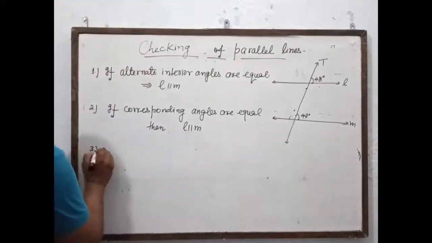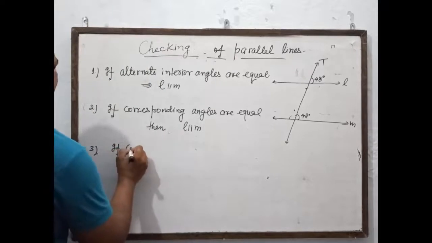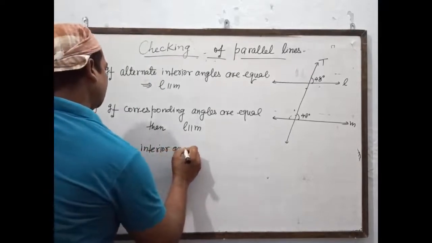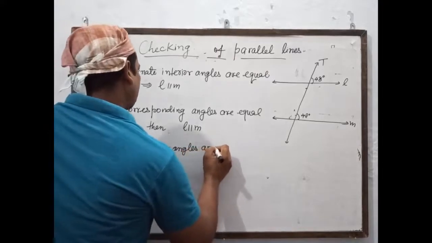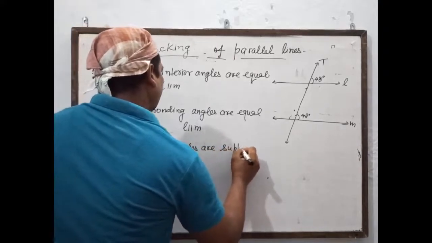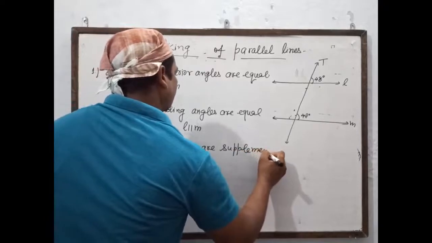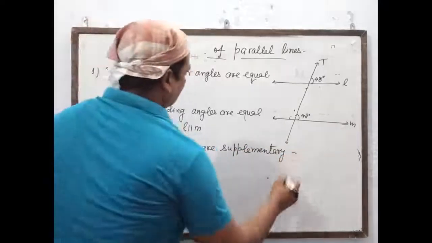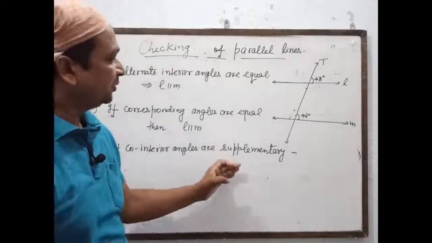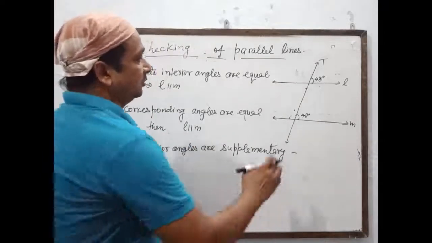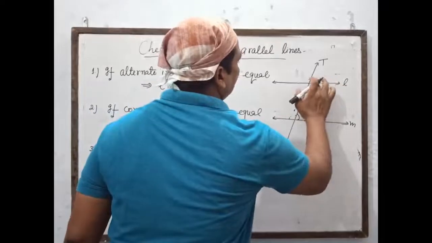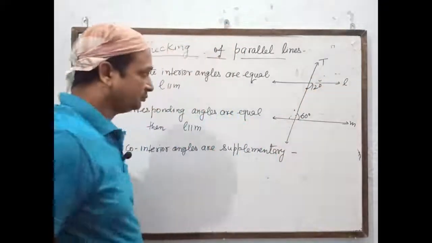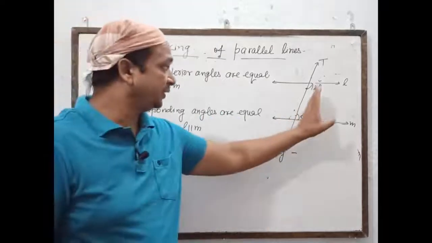Next, if co-interior angles are given supplementary. How? For example, 120 and 60. These are co-interior.